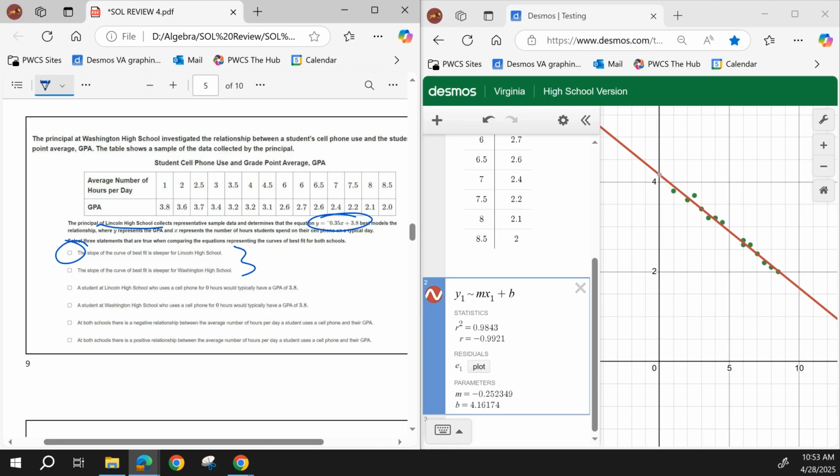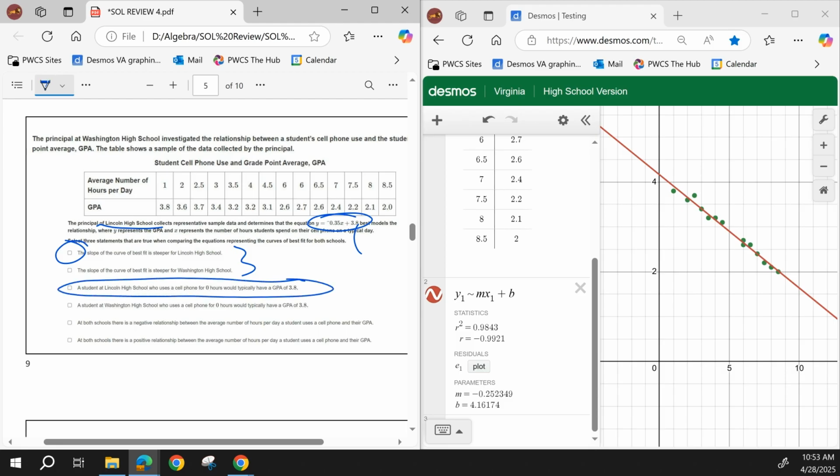The intercept is what happens when we plug 0 in for x. So for our original line that we graphed here, if we plug 0 in for x, that means the student would have a GPA of 4.16. If we plug 0 in for x for the new school, they'd have a GPA of 3.8. So that's kind of what's being said here at Lincoln.